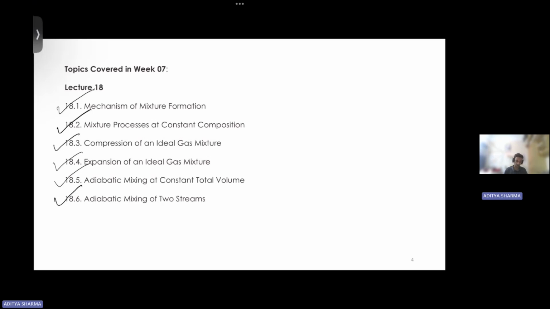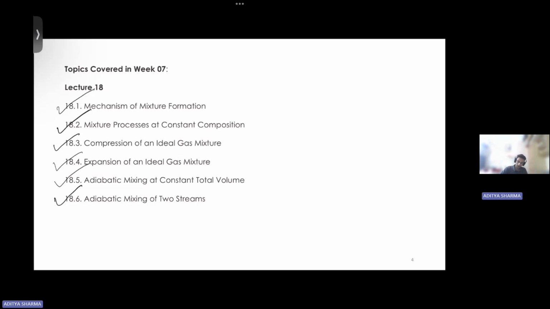So for the topic of adiabatic mixing at constant total volume, if we have to have the discussion on entropy balance, we use the entropy balance for a closed system.